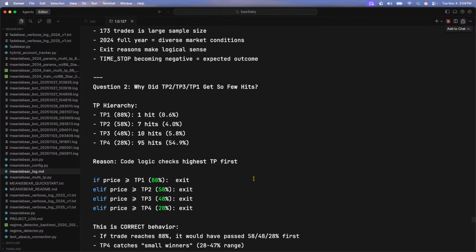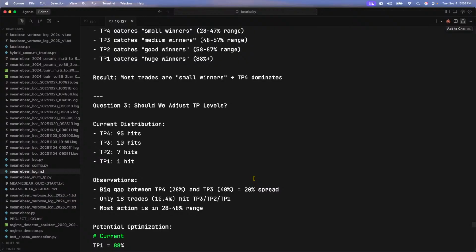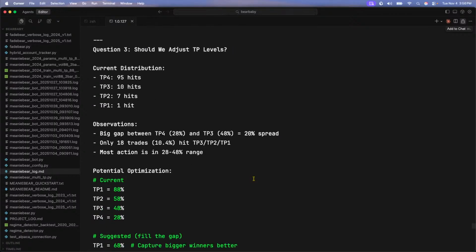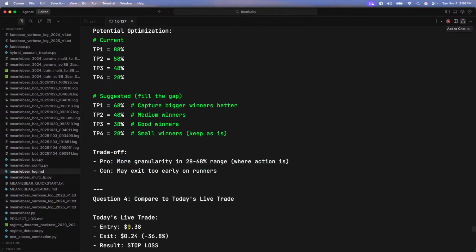I think, should we adjust the TP? Big gap is between 28 and 48. That's a 20% spread. Only 18 trades hit. Optimize current 68, 48, so unit drop down to 48. Okay, more granular.